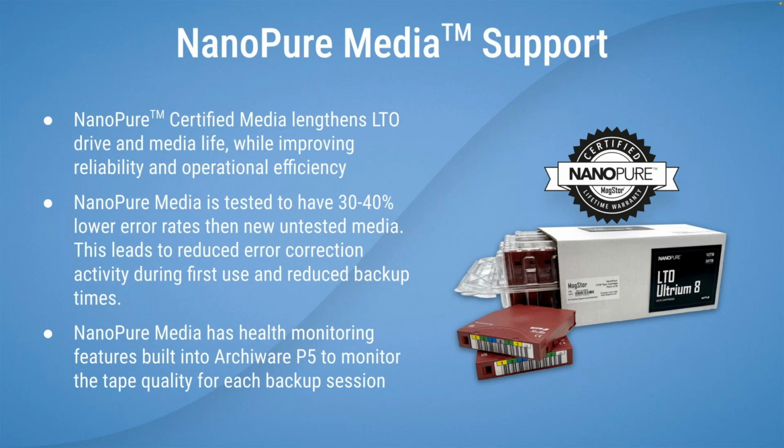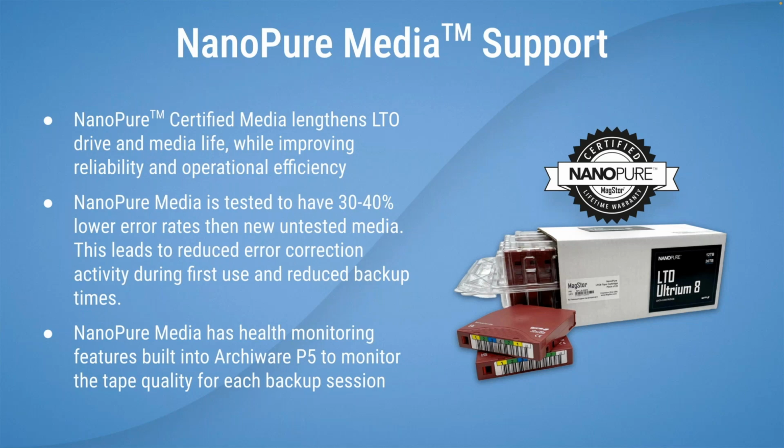Then we write those performance characteristics to a protected area of the cartridge memory. We also encrypt a key so that our partners such as Archiware can validate that this is a piece of NanoPure media. NanoPure media lengthens the LTO drive and media life while improving reliability and operational efficiency through these things I've described.